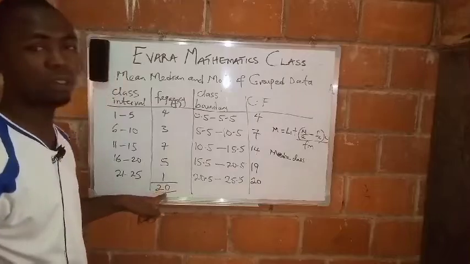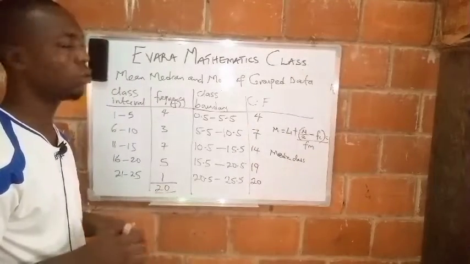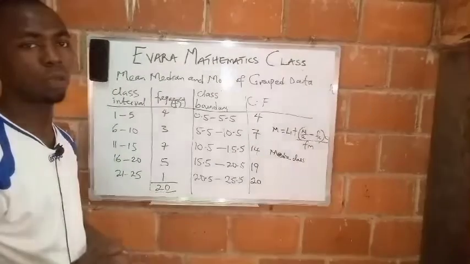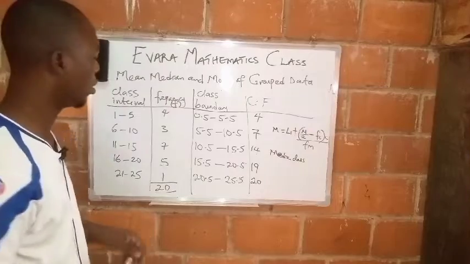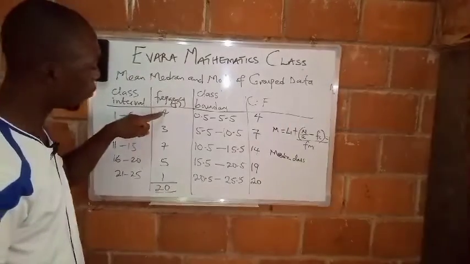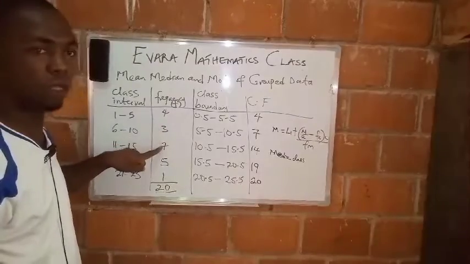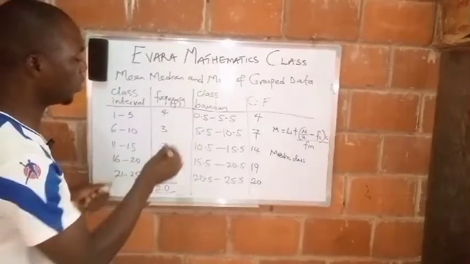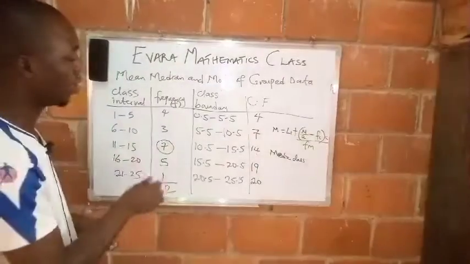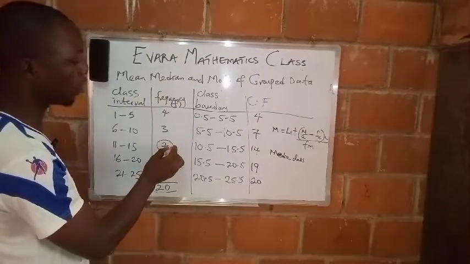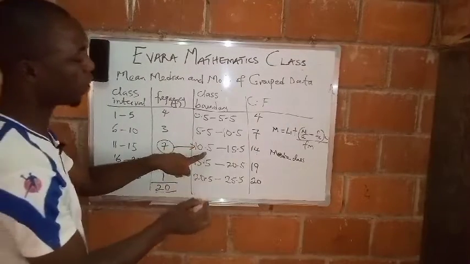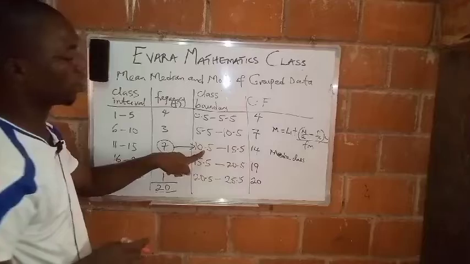Remember that the total frequency is 20. So if you divide 20 by 2, that gives us 10. Now you start adding here. 4 plus 3, we have 7. 7 plus 7, we have 14. So that means this is where we are going to get 10. And since this is where we get 10, then 10.5 will be the L1.